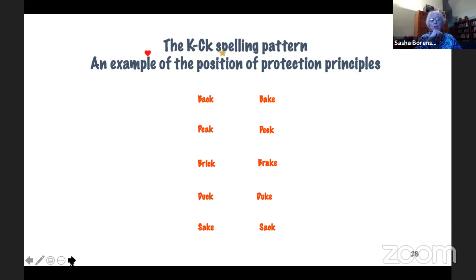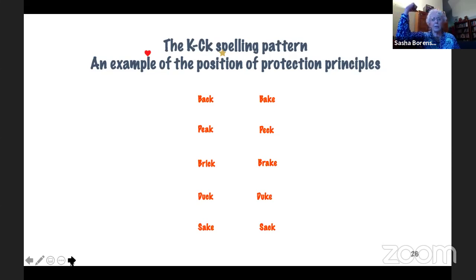What I want us to do is pay attention to whether the vowel is weak or strong. So in the word back, what is the vowel? A. And is that weak or strong? It's weak. In the word bake, what's the vowel? It's A-E. And is that weak or strong?